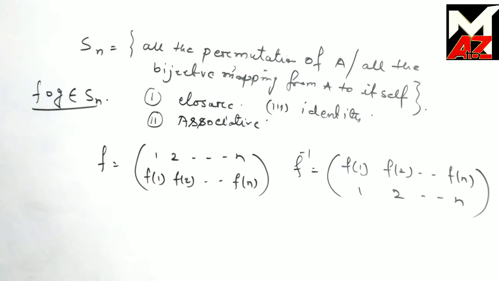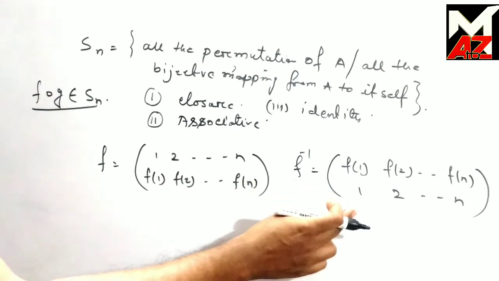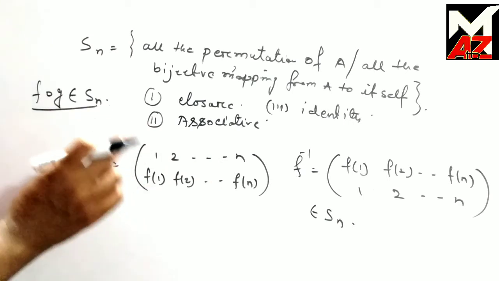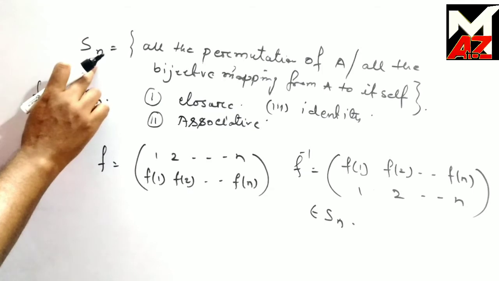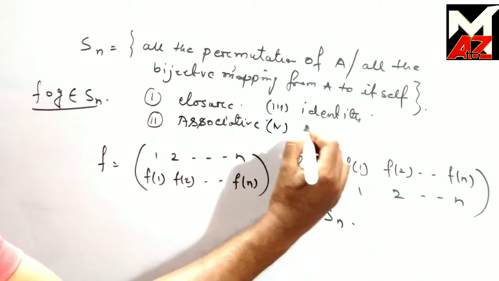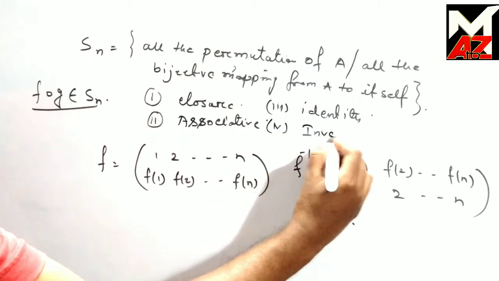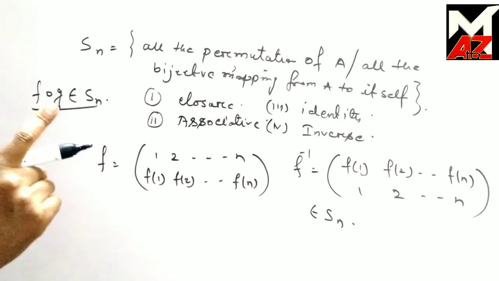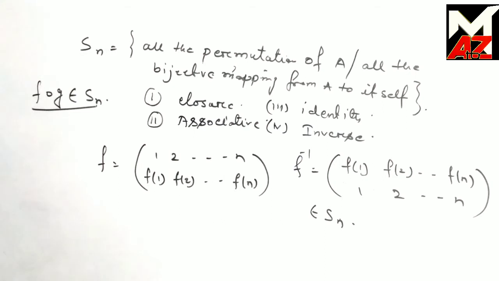This is the inverse of this permutation, and it also belongs to Sn. So the inverse of every element of Sn must exist. So the last property of the group, that is inverse, also holds. So we say that Sn is a group under multiplication of permutations, or composition of mappings.